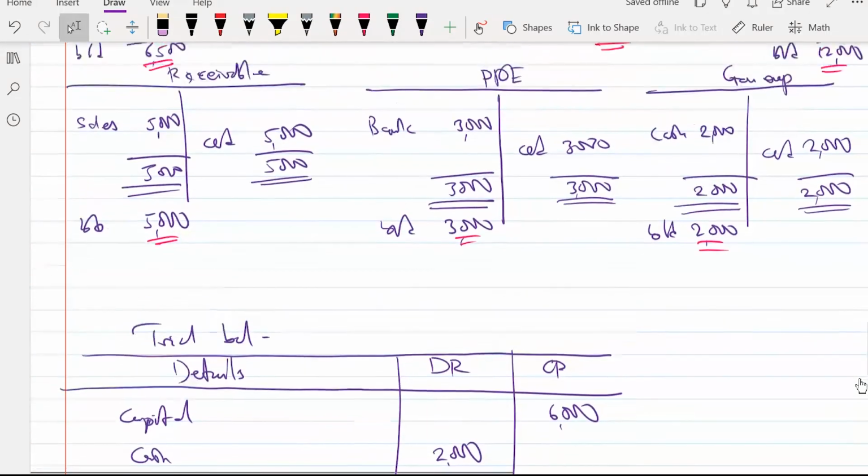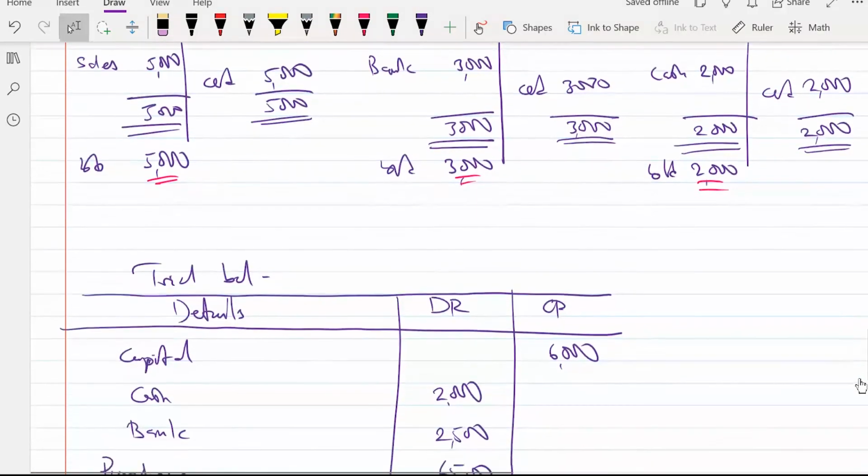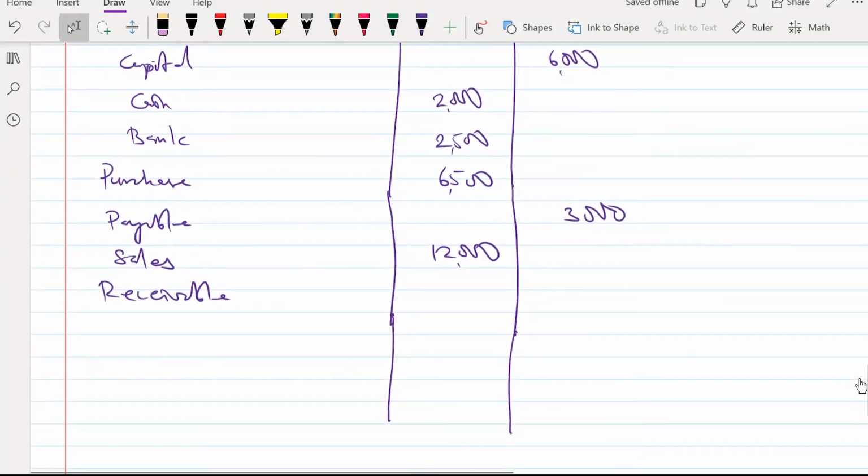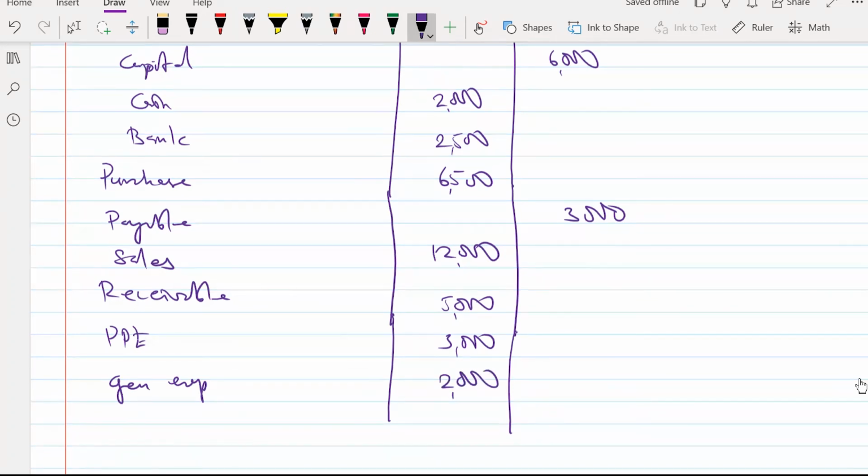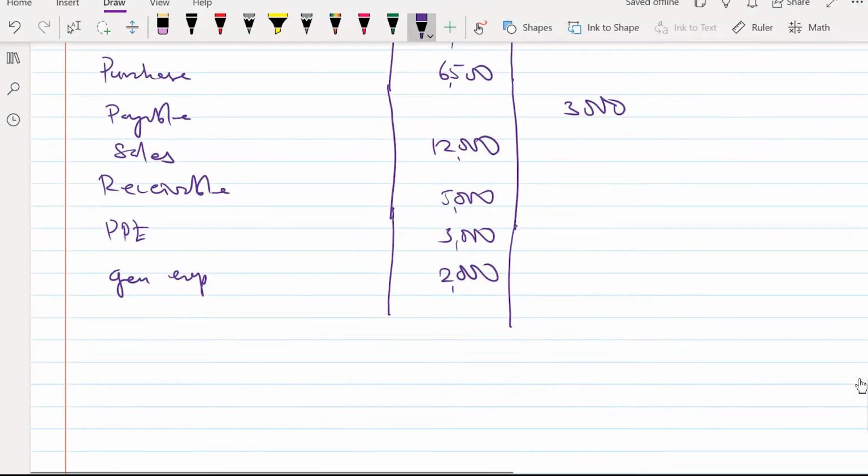Of course, receivable 5,000. PPE 3,000. General expense 2,000. Okay, sorry, my sales figure should come here, 12,000. That's an oversight.